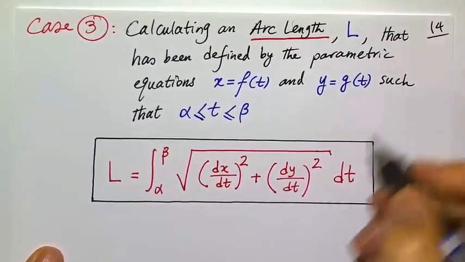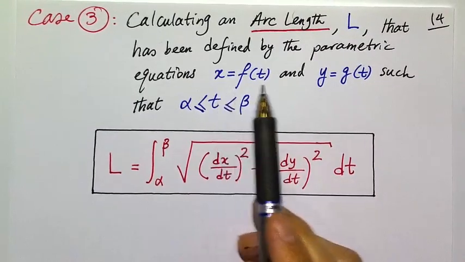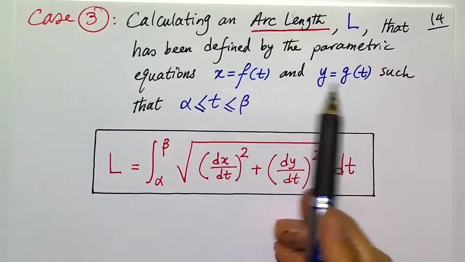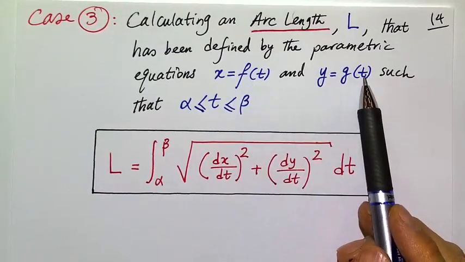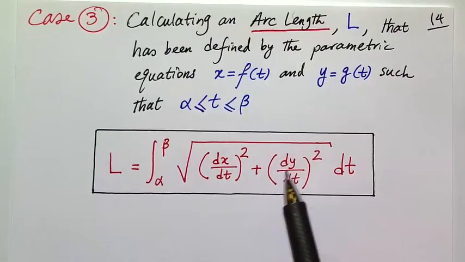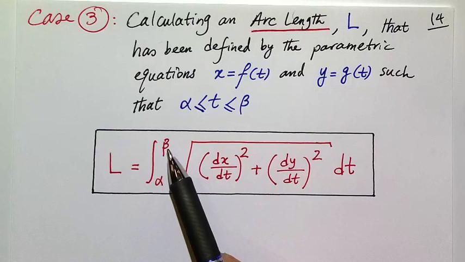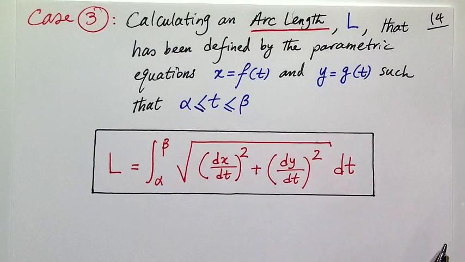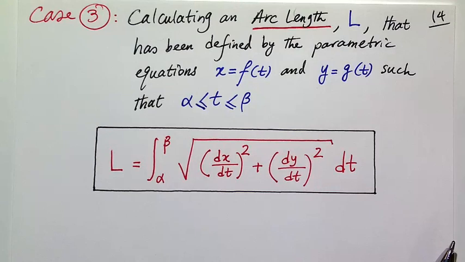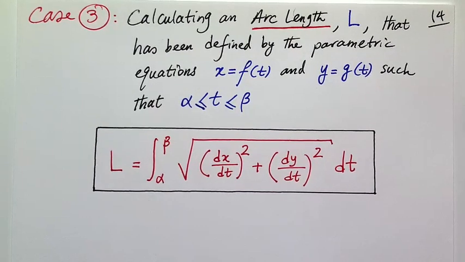So this is the fundamental formula we have: we know what our parametric equations will be, so we simply take the derivative of each one, square the derivatives, add them, take the square root, and integrate the result from alpha to beta, whatever the limits of integration are at that point. Okay, so this is the fundamental formula. All we have to do now is just apply it to examples.